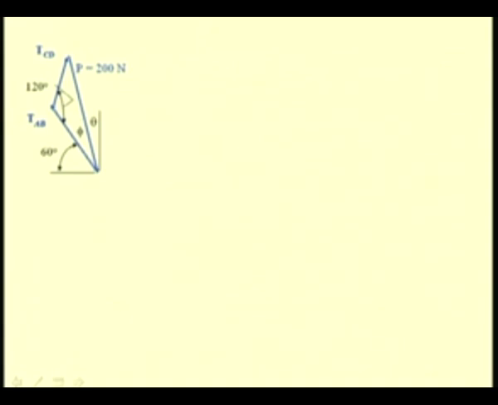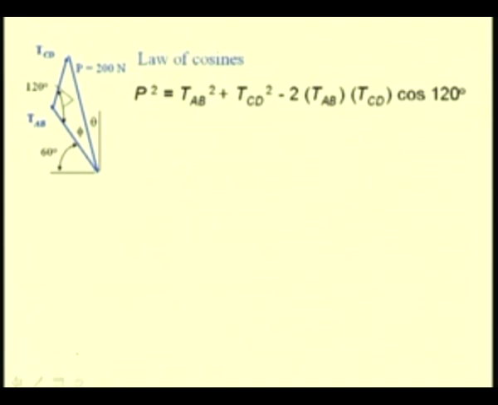The angle of inclination of these two vectors are known from the geometry. TAB is inclined at 60 degrees and TCD is inclined to TAB by 120 degrees, or the angle of wrap. So, from this force triangle, by using the law of cosines, we can write P square equal to TAB square plus TCD square minus 2 times TAB TCD cos of this angle, that is 120 degrees.